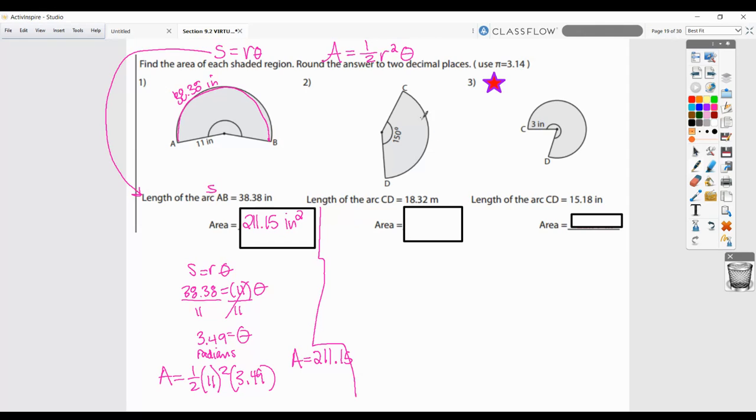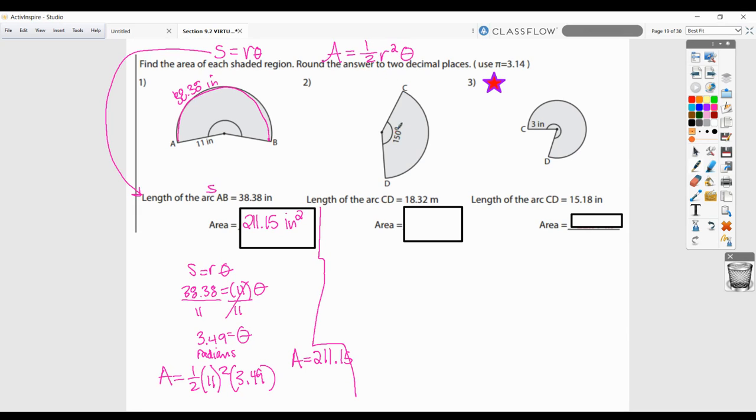I'm going to do this second one just because they give me a degree instead of a radius, but you're doing the same thing. I'm going to use the formula for length of the arc to find what I need for the area.